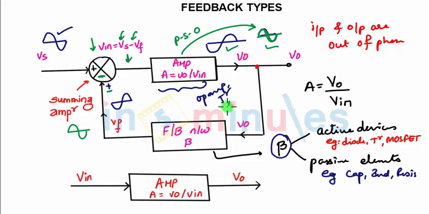Anything that is amplifying the input can be part of the amplifier having gain Vo by Vin. Generally, we can say the feedback network consists of passive elements. For example, in voltage amplifiers, if you are considering BJT, the feedback consists of resistors. So this is the type of negative feedback. Positive feedback we have explained in the previous slide.